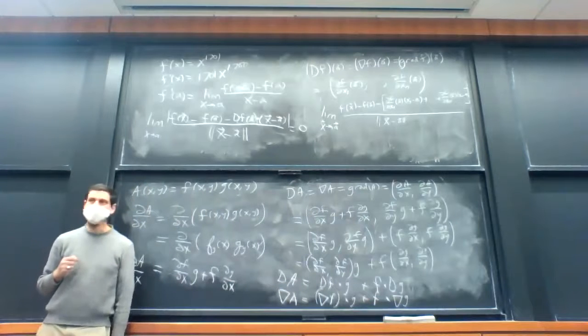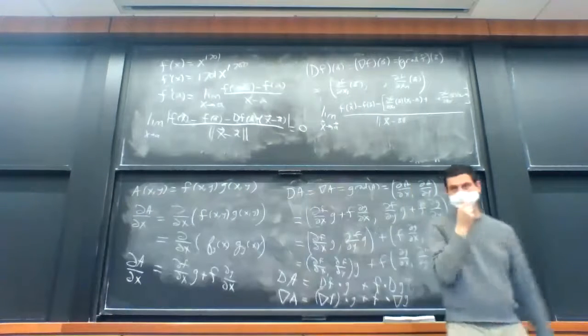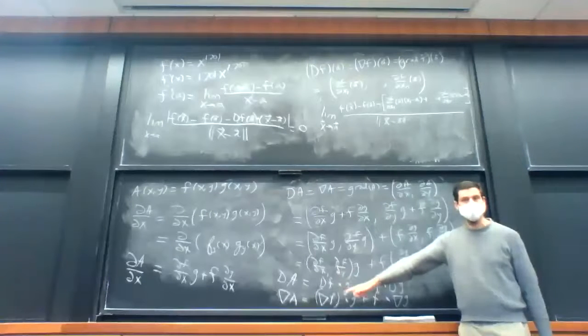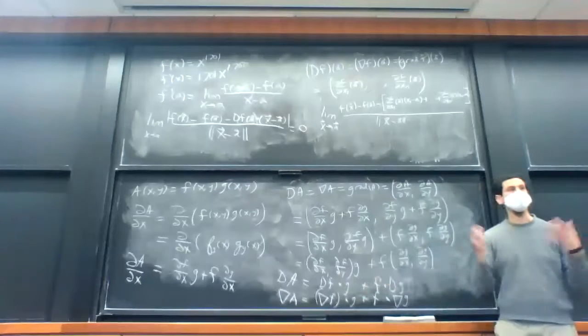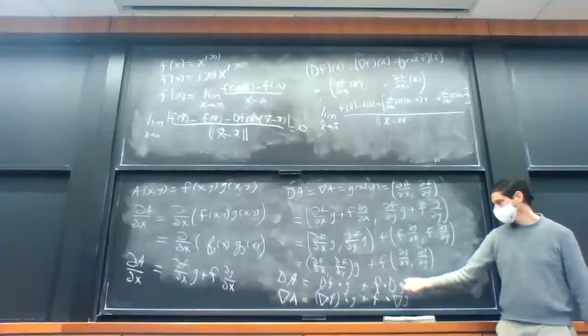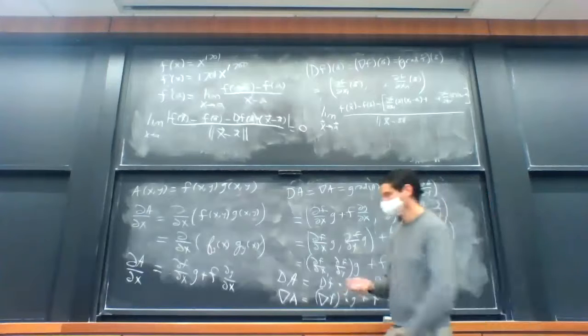Does that look like the product rule from before? No. Do we ever have a vector times a vector? No. We're very careful. Gradient of f or df, these are vectors, and we're multiplying it by the scalar g of xy. Similarly, dg is a vector. We're multiplying it by the scalar f.